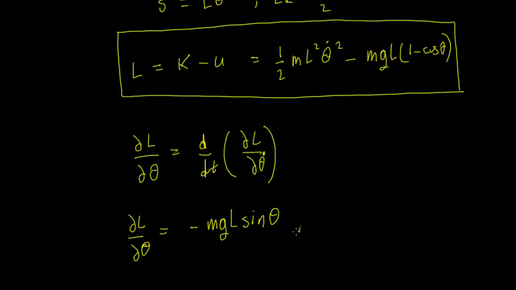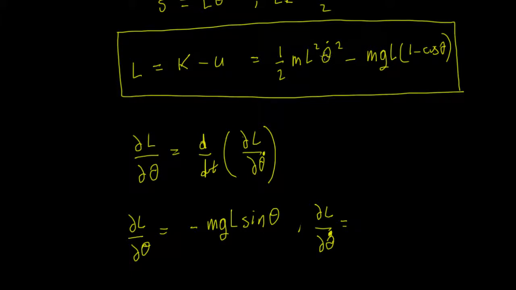Now we're also interested in partial L by partial theta dot. So we're differentiating this term with respect to theta dot. When we differentiate that, the 2 is going to come down, so it's going to be 2 times a half m L squared theta dot.